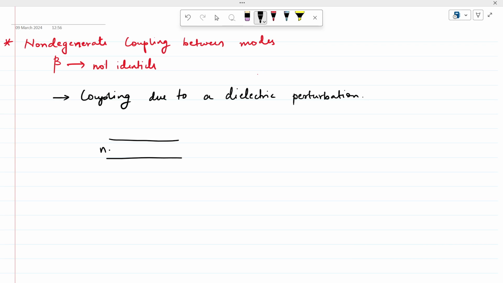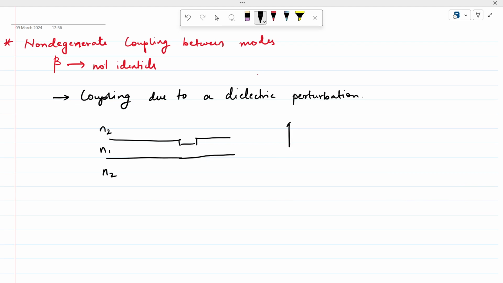This is N1 and it is symmetric, so on both sides I have N2 and N2. Then say I introduce a perturbation in the waveguide. It was a single mode waveguide, only one mode. Now because of the perturbation, there will be some reflected energy. So now there will be two modes: one that propagates in the forward direction and one that is propagating in the backward direction.